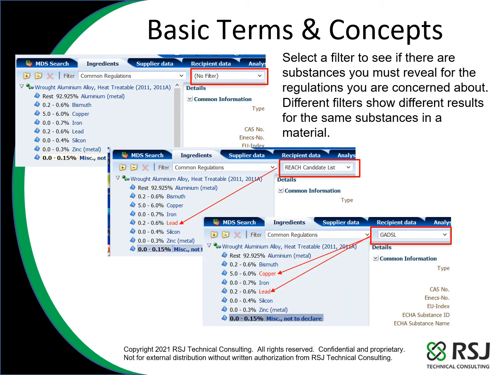If I pick a different filter, different substances are marked red. If I choose GADSL, which is the Global Automotive Declarable Substances List, I get both copper and lead showing up as being on the list. Now, I happen to know that the GADSL has both declarable and prohibited substances, and that copper is declarable, but lead is prohibited.